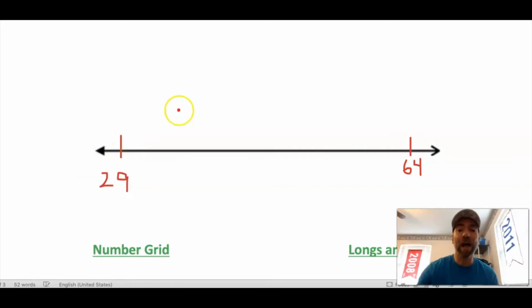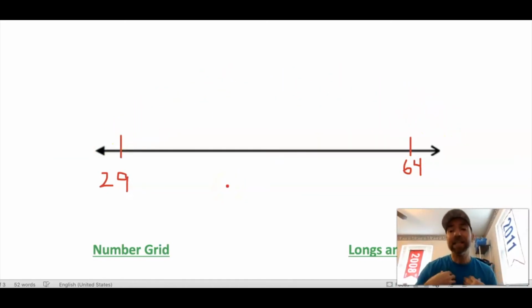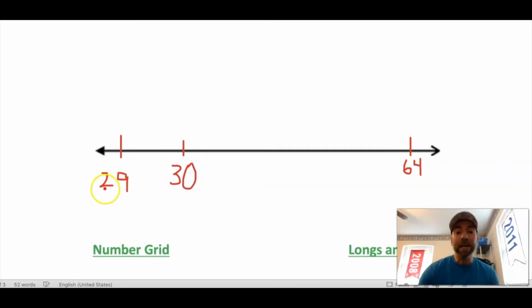So I want to find how far apart those numbers are. I like to make a friend of 10. If I'm in the 20s, I want to get to the 30s. So I want to get to 30. I have 29. 9 plus a number will give me a friend of 10. 29 plus 1 will give me 30.